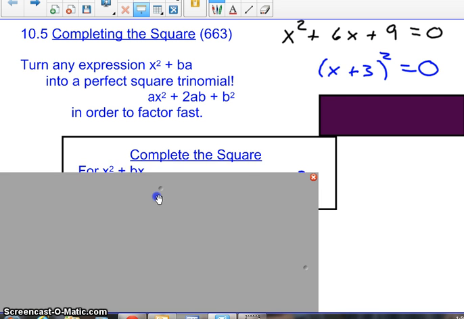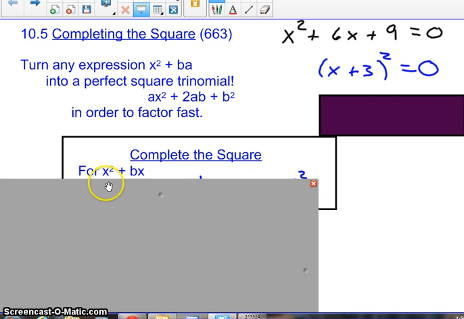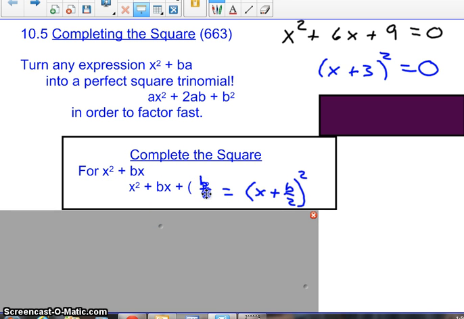Okay? So just as we said, for any term x squared plus bx, this should be an x up here, by the way, we simply take half of b and square it. So b over 2 and square it. And this should be moved over a little bit. And we add that to the term that we had.